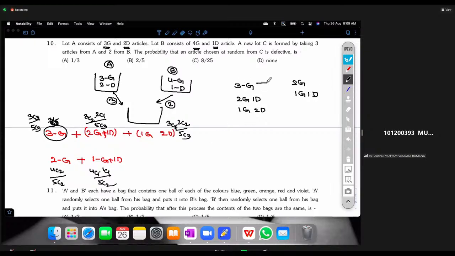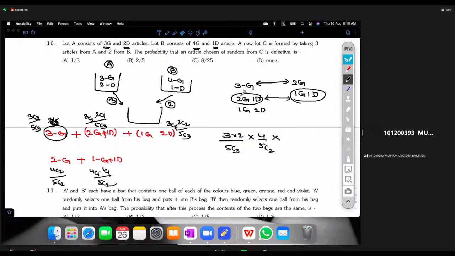If you take these two cases, there is no chance of a defective item. In this one, what is the chance? Selection is 2G, 1D. This probability is 3 into 2 by 5C3, and the possibility of this one is 4 by 5C2.